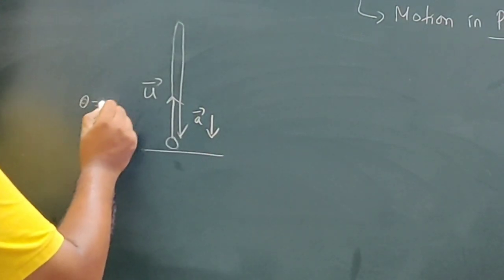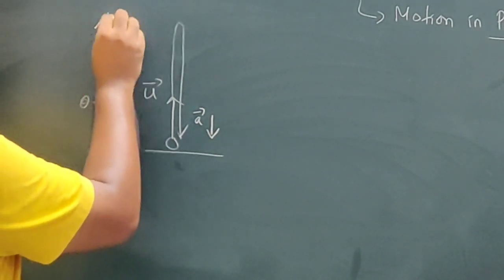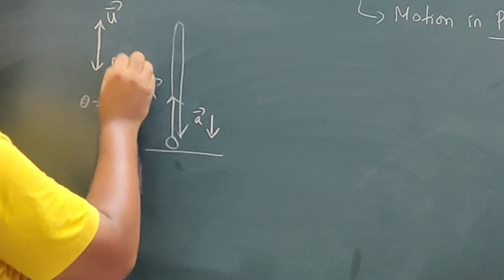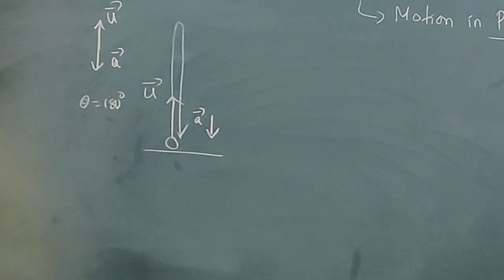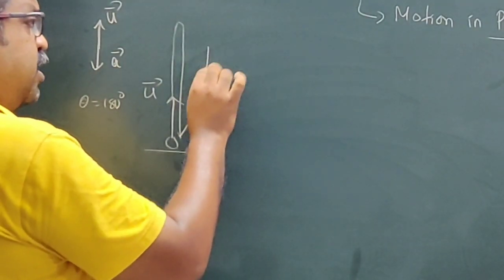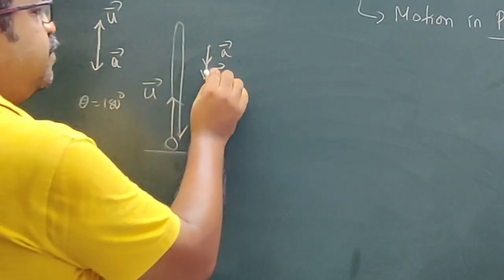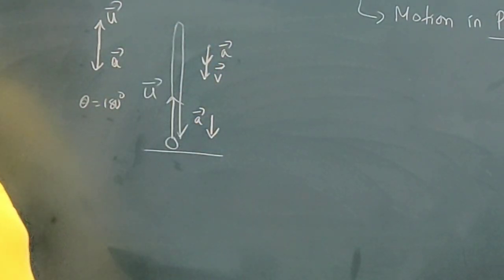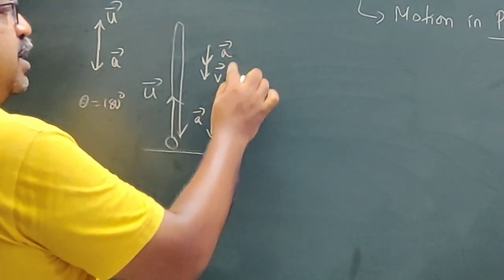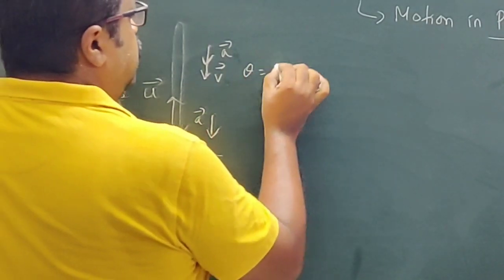It is 180 degrees, because they are in opposite directions. Now while coming downward, velocity is in the downward direction, and acceleration is always acting towards the earth. So both are in the same direction, and the angle between them will be 0 degrees.